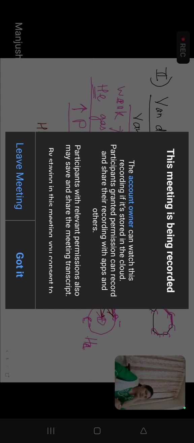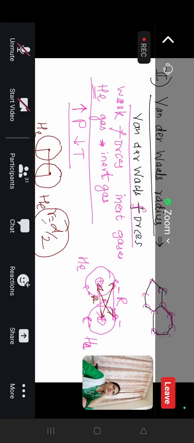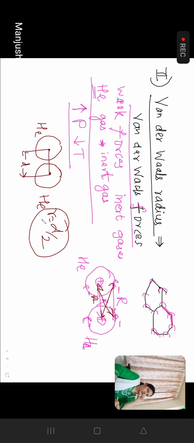What is the statement you have written? In case of inert gases, when we increase pressure and decrease temperature, then inert gas molecules. Inert gases are also called monoatomic molecules.